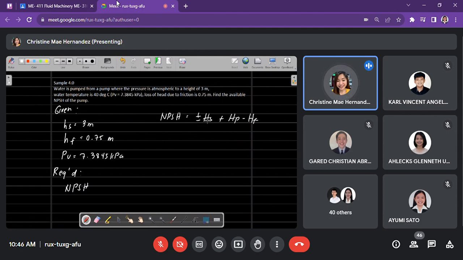So, NPSH, HS. So, since siya ay where the pump is at atmosphere, from a pump where the pressure is at the height of 3 meters.